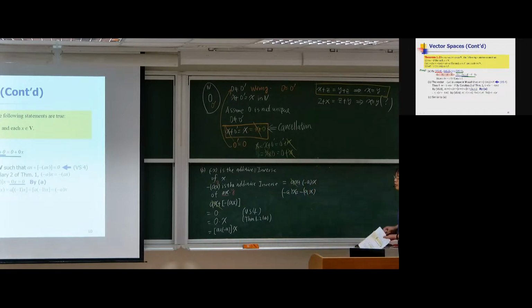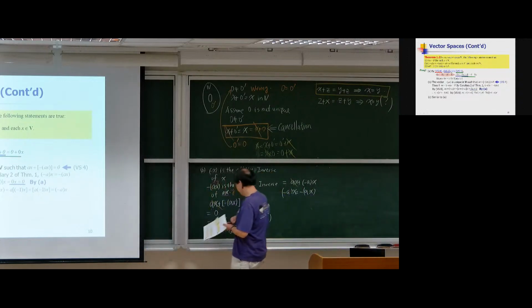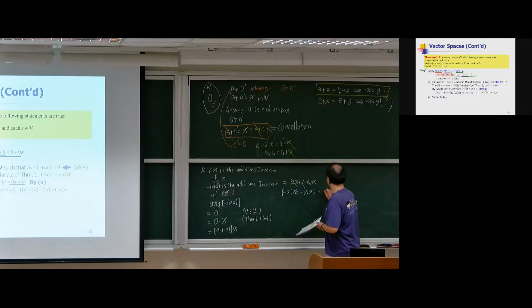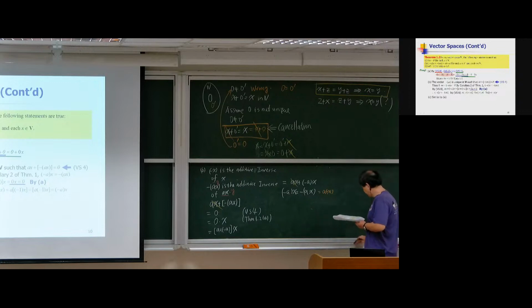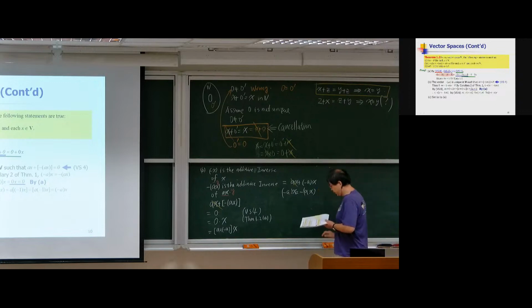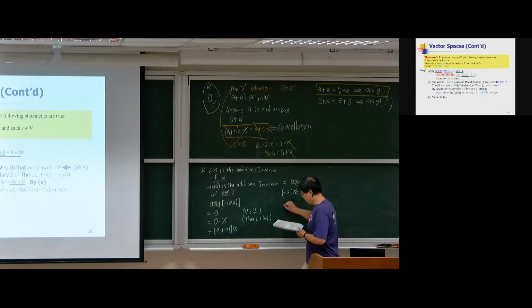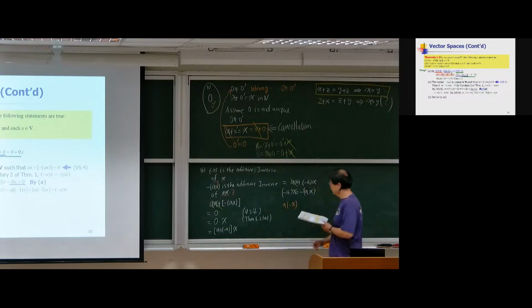Okay, the proof is quite tedious. And then we still need to prove that it will be equal to a times minus x. So right now I have a times minus x.